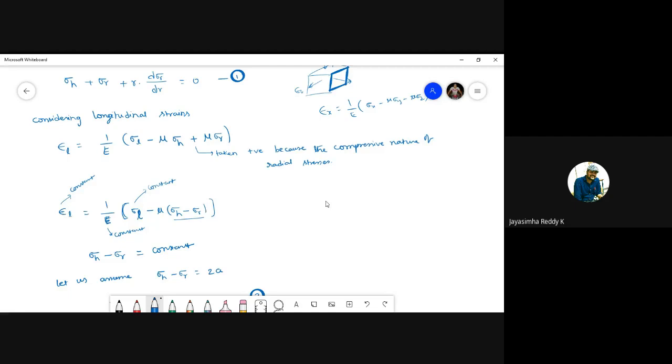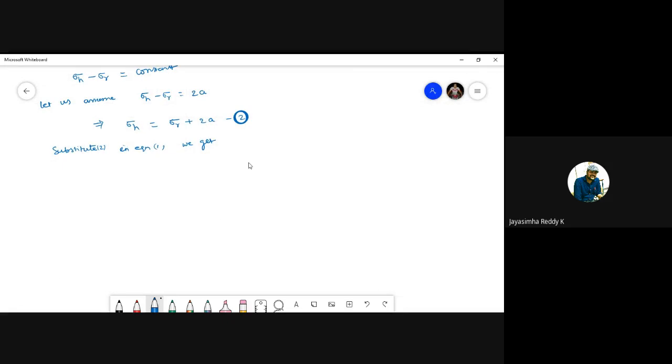In the place of sigma H, you substitute sigma R plus 2a. So we get sigma R plus 2a plus sigma R plus r into d sigma R by dr is equal to 0. So 2 sigma R plus 2a is equal to minus r into d sigma R by dr.